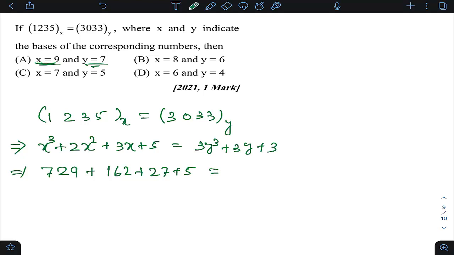So what is y cube? 49 into 7 is 343. 343 into 3 is 1029.